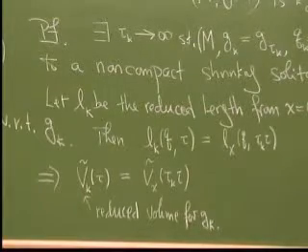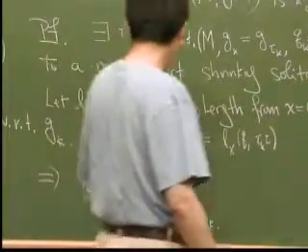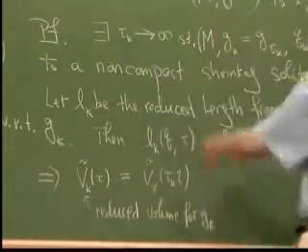Okay, so now let me draw the picture. So this is fixed. This is the reduced volume for a fixed metric.